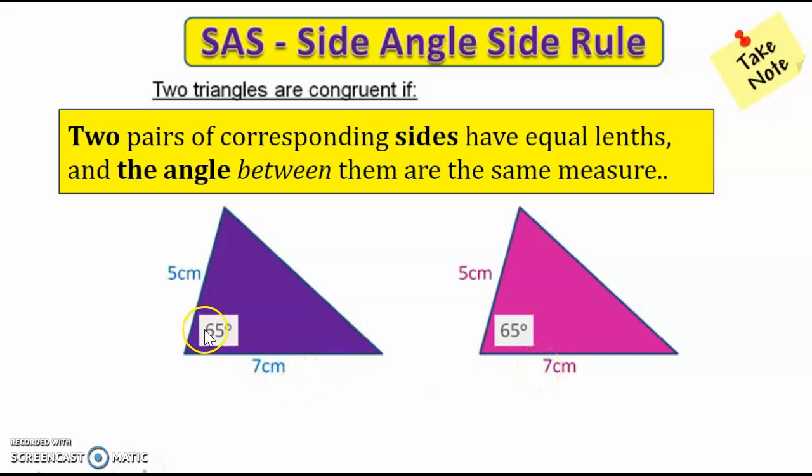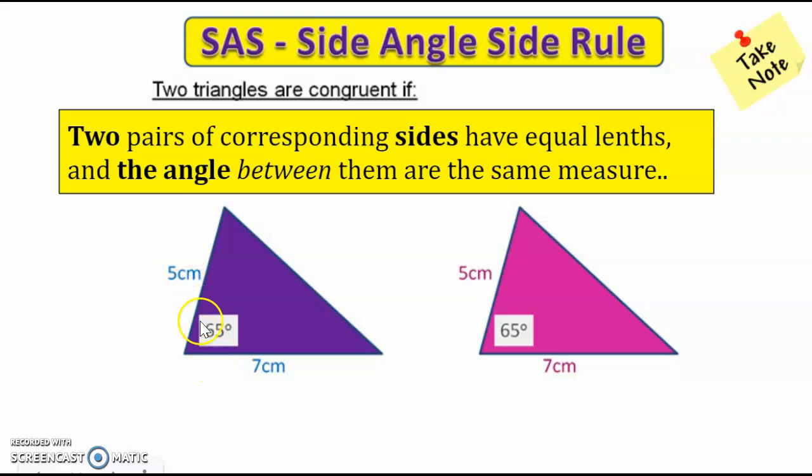The angle that is congruent is in between the two congruent pairs of sides. It has to be the in-between angle, and you can see the location of the angle is between one side and another side. So this tells you that we're talking about the included angle, or in-between angle.